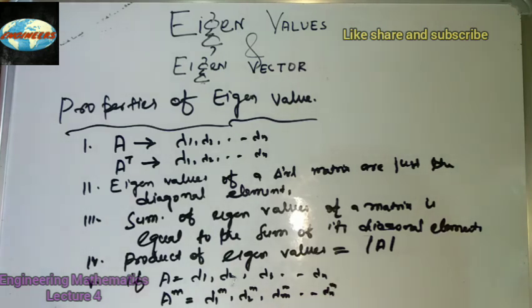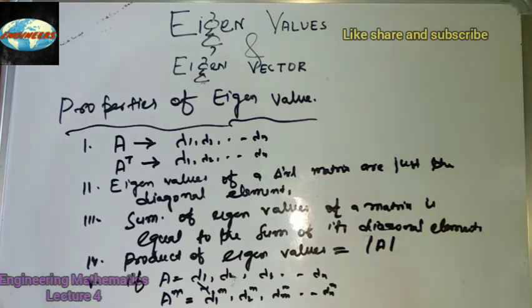So just raise the eigenvalues to the same power. If it is 2, just square each eigenvalue, and those will be the eigenvalues for this matrix. So these were some properties of eigenvalues.